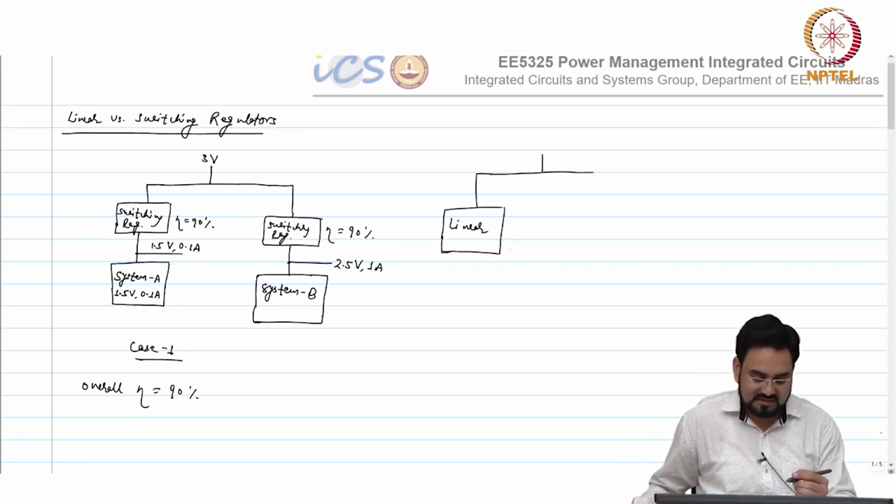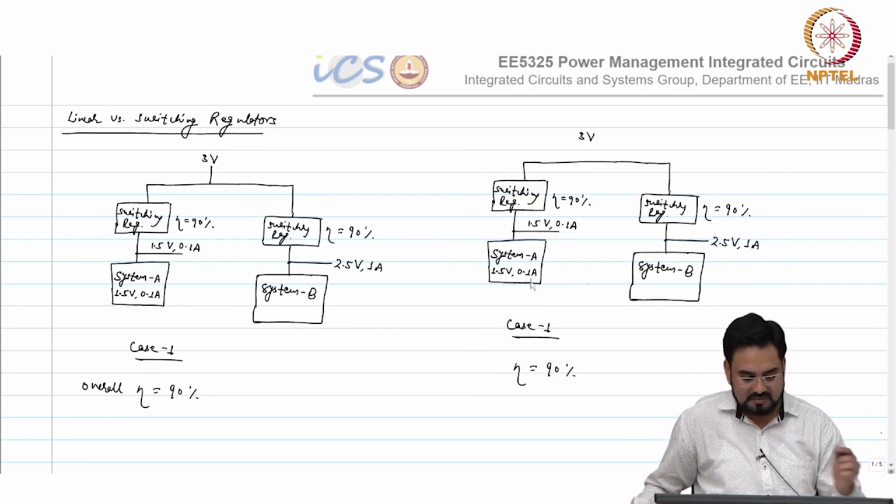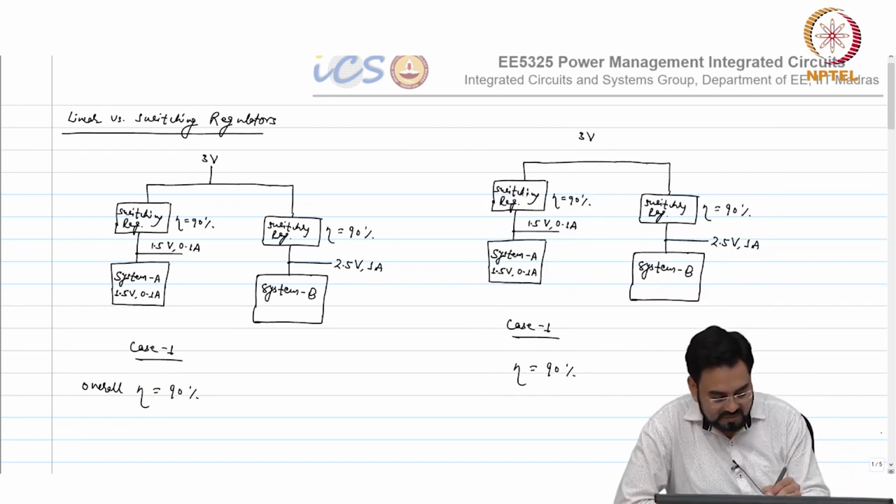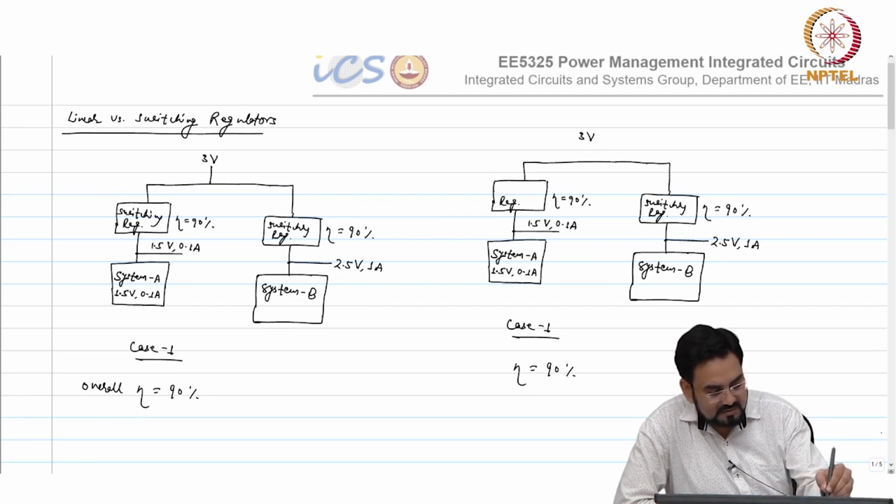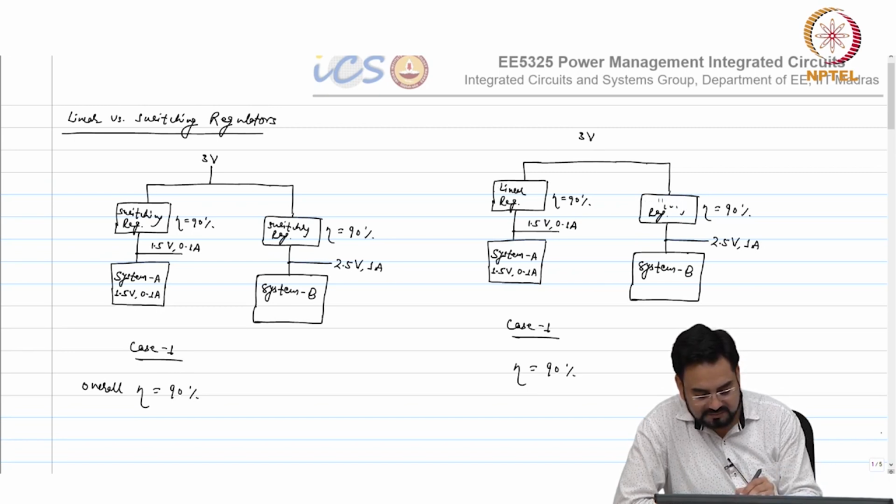Okay, now let us take another case where both are linear regulators. This is linear and this is also linear. We need to calculate the efficiency.